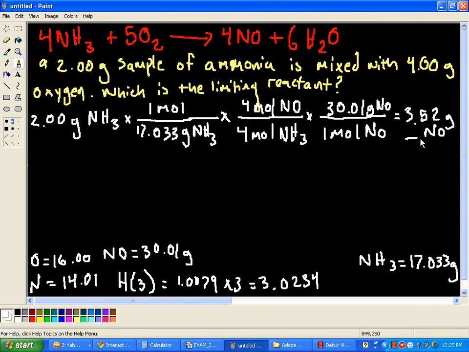Now we have to do the same process by using oxygen to go into NO. Our value for oxygen is going to be 4 grams. And this is pure oxygen, so in this case it would be O2.